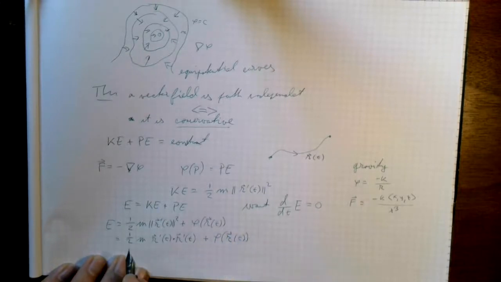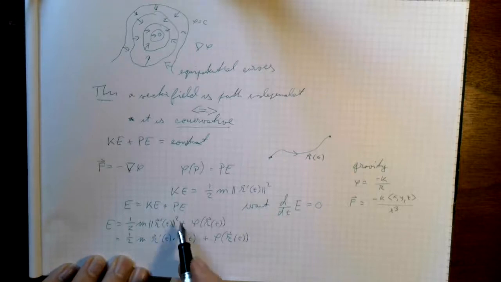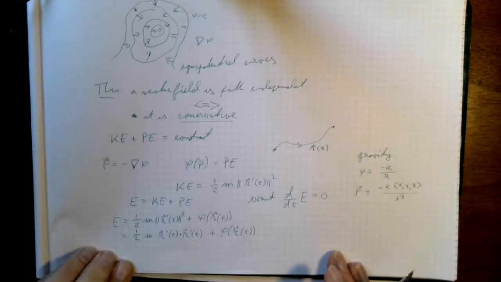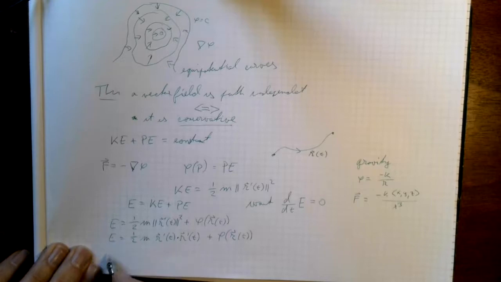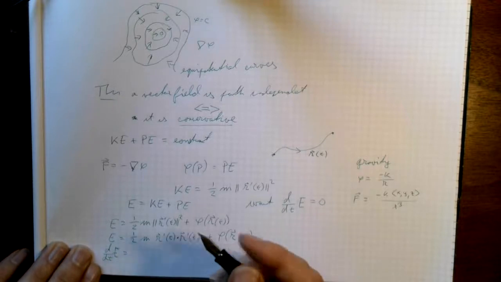This is actually not that hard to differentiate because of the square; there's no square root. So this is E, and let's figure out the derivative of E with respect to t.